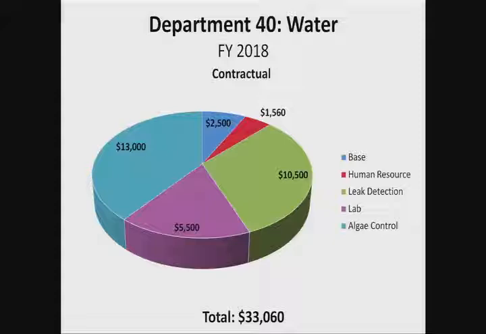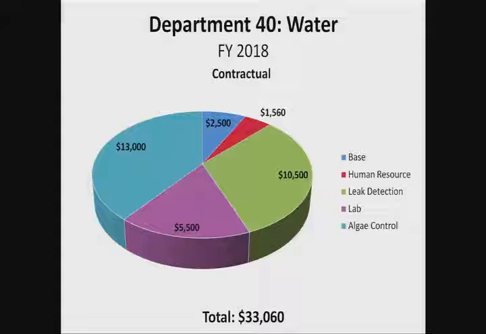The other part would be the leak detection. We have a contractor coming in May 22nd, and what the leak detection specialist does is listen to all our lines and pinpoint where our leaks are. That's twofold.